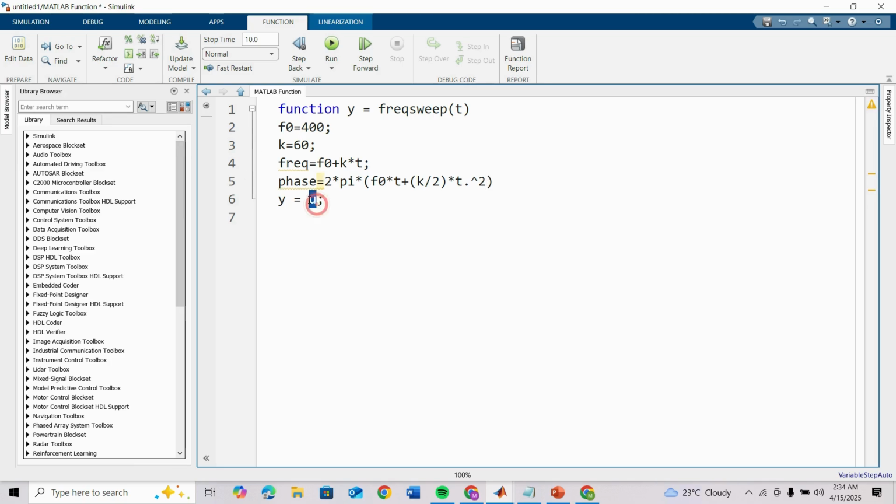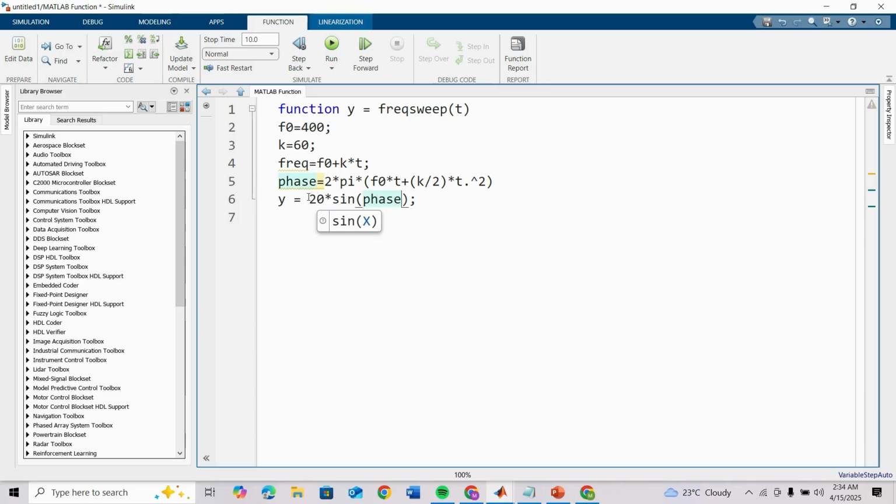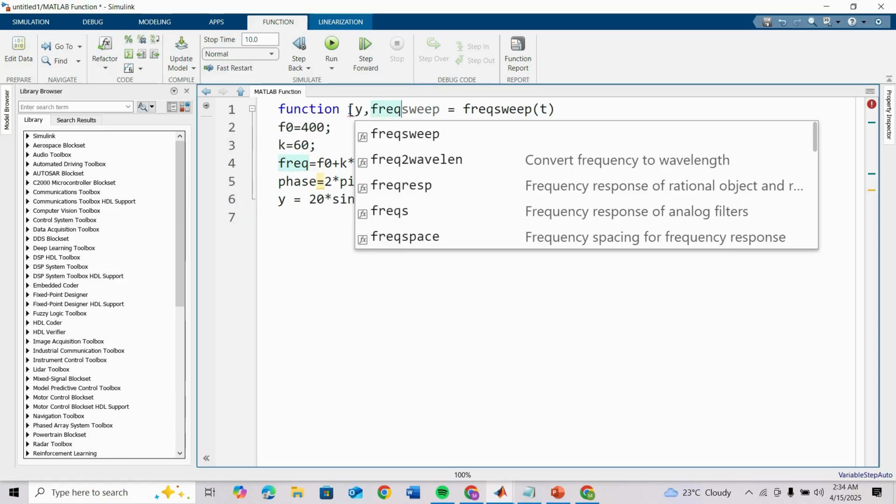And finally y, the amplitude is 20, multiplied by sine of phase, and our output is y as well as frequency.